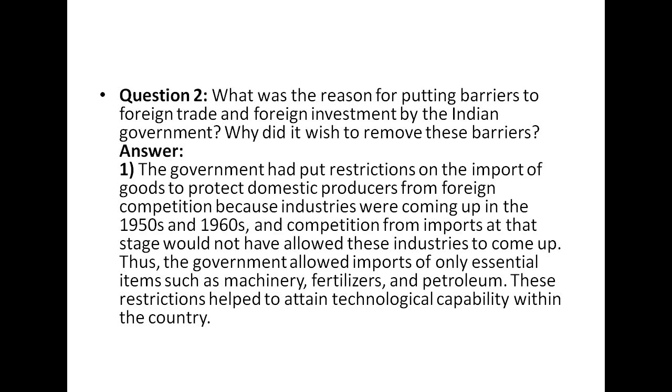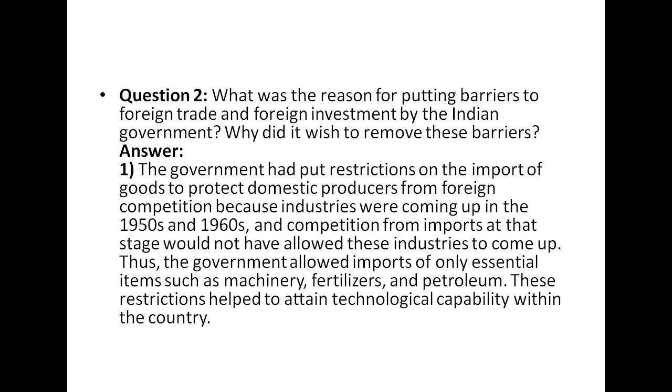Basically they were not set up, they were just coming up at that point of time, and they were not developed enough in the 1950s and 60s. So if the competition would come up, they wouldn't be able to develop at that particular stage. Thus the government allowed the imports of only the essential items such as machinery, fertilizers, and petroleum at that time.